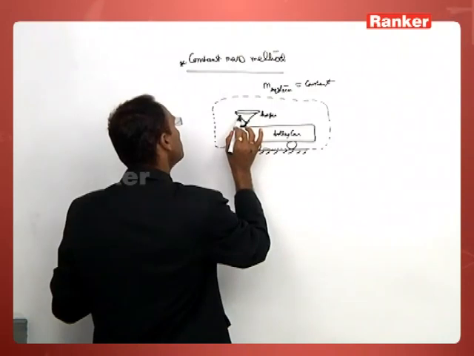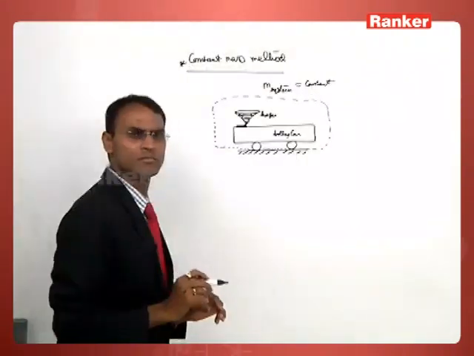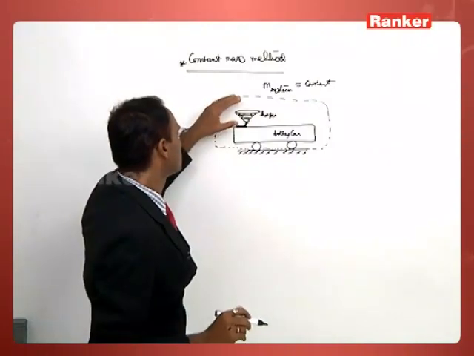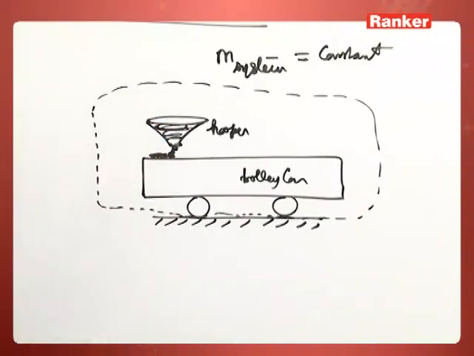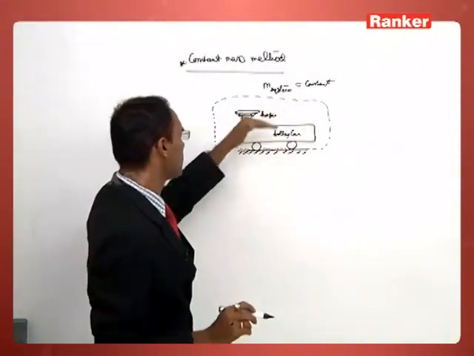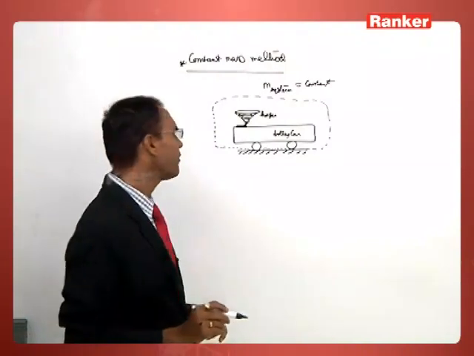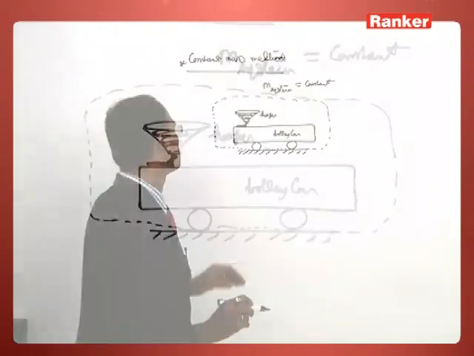If you choose the hopper as a system, the hopper is losing mass because the sand is continuously coming out of the hopper and colliding on the trolley car. Therefore, hopper alone cannot be a constant mass system.